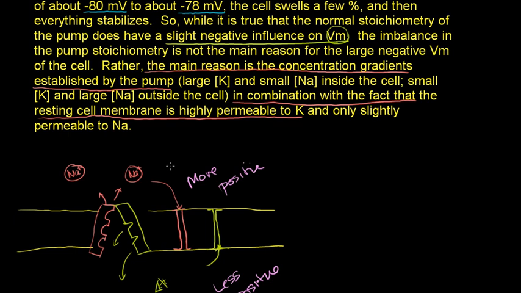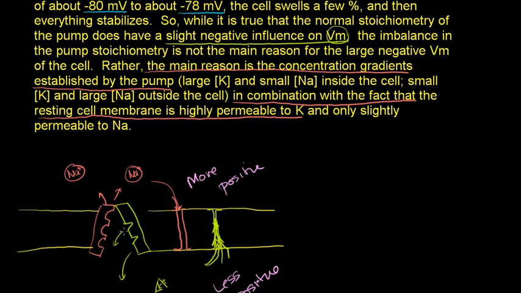And now what he's saying is that the main cause of the potential difference isn't this ratio. It's the fact that the membrane is highly permeable to potassium. So this is very permeable. Potassium can get out if it wants to, much easier than it is for sodium to get in.